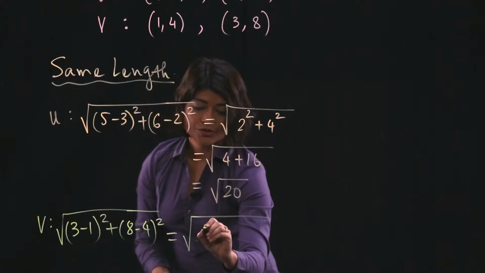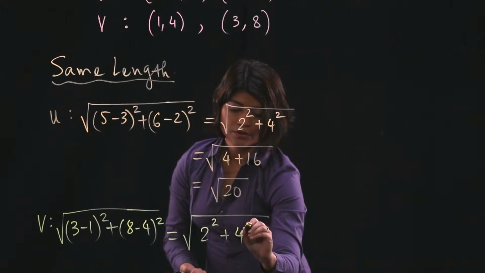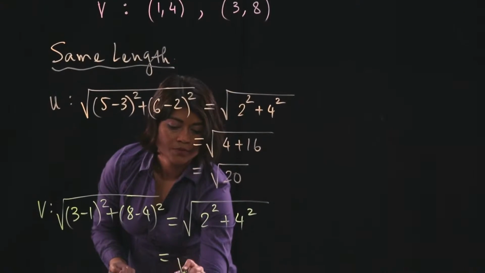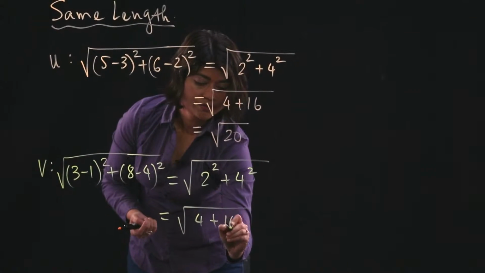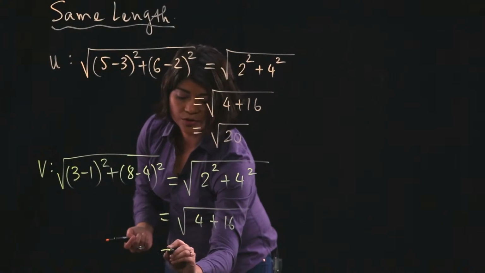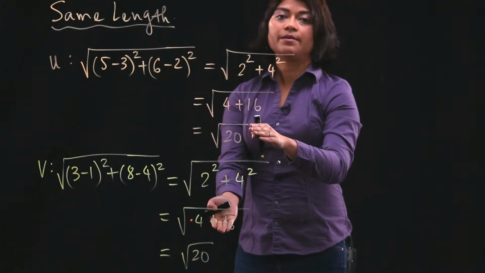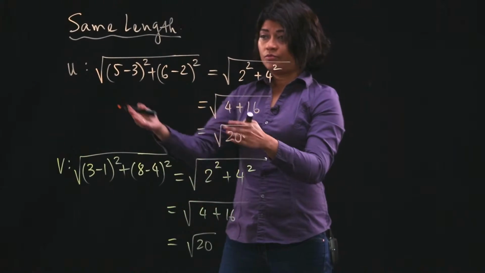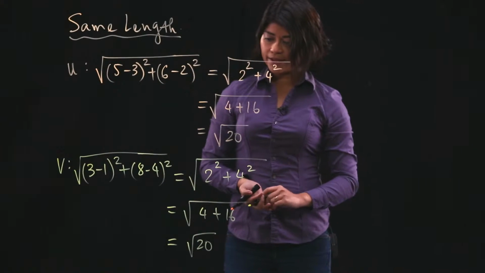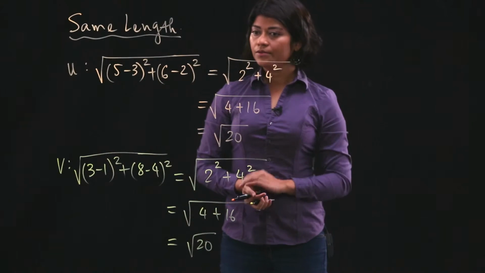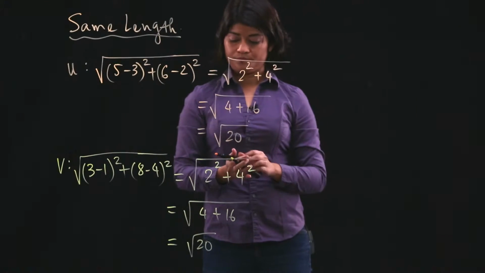Simplify, 3 minus 1 is 2, so this is 2 squared, plus 8 minus 4 is 4, so we have 4 squared. Okay, we get square root of 4 plus 16, and as you can see, this will also be square root of 20. So since both of them have same length, we have just proved that u and v have the same length. Okay, now we have to show that they have same direction.